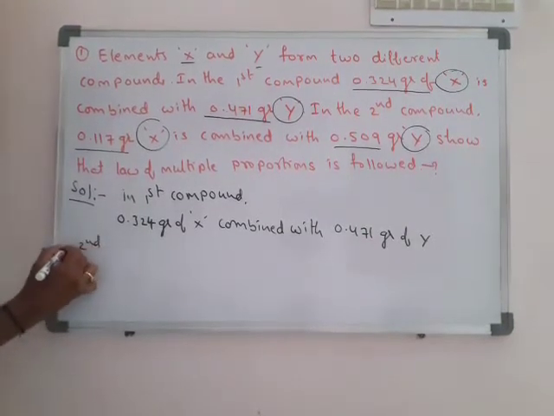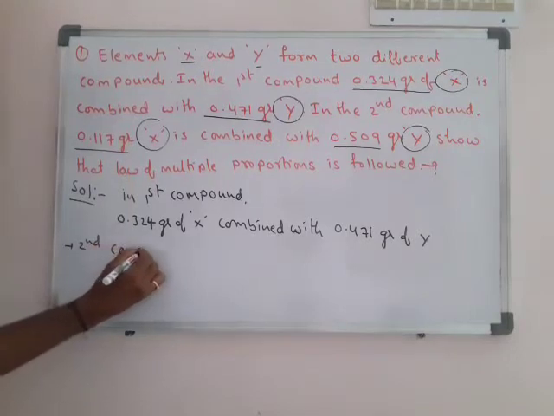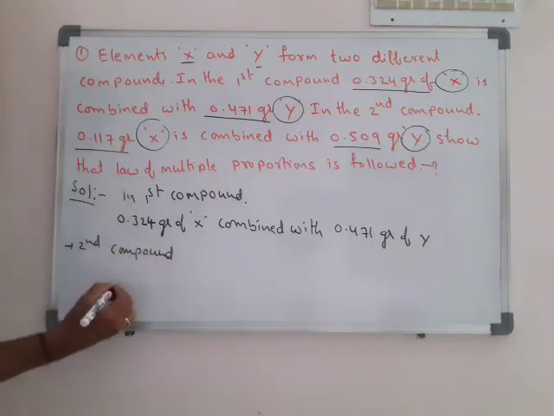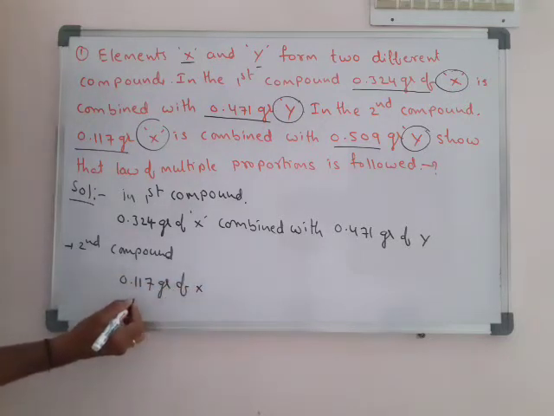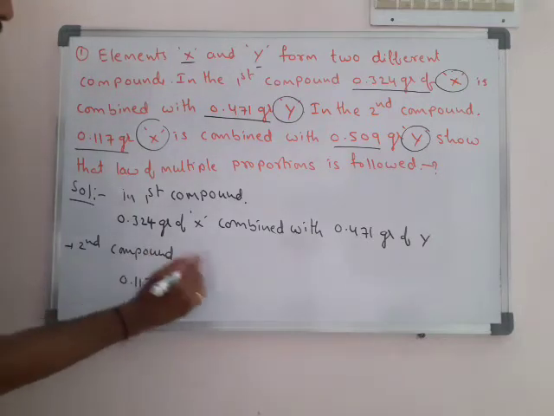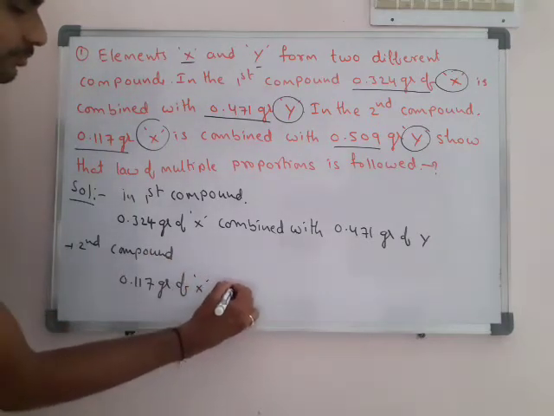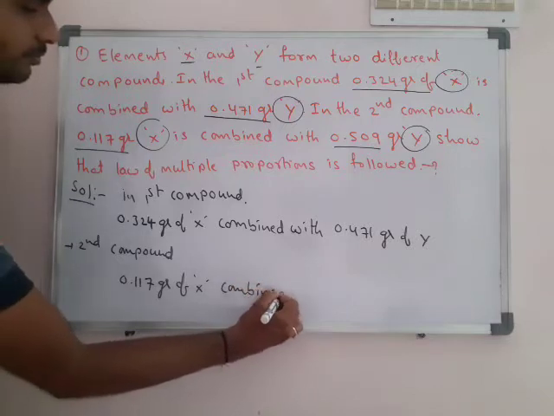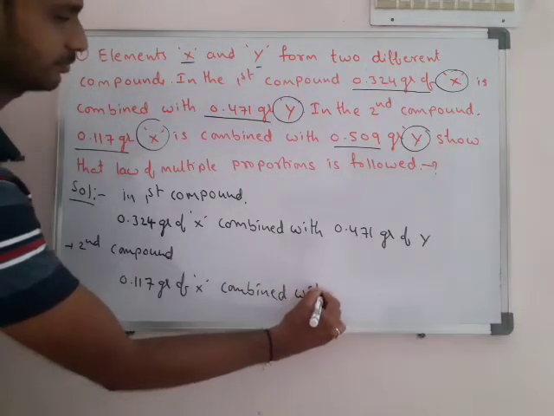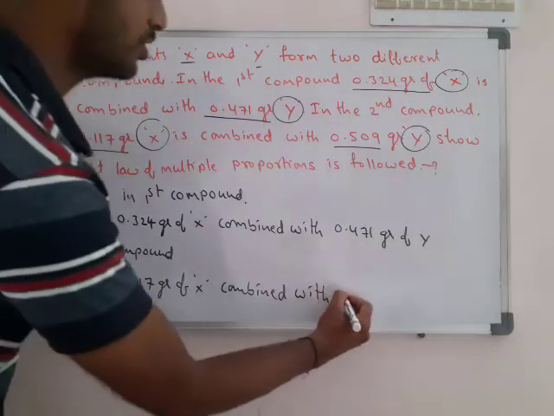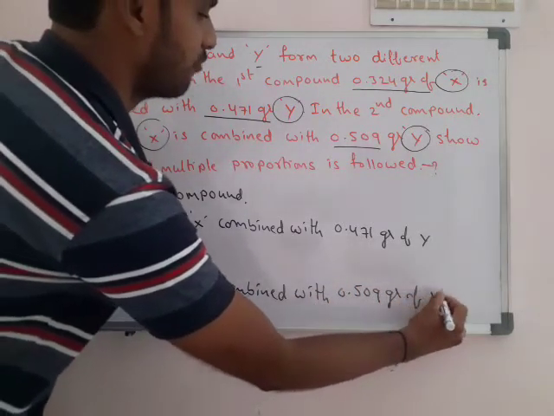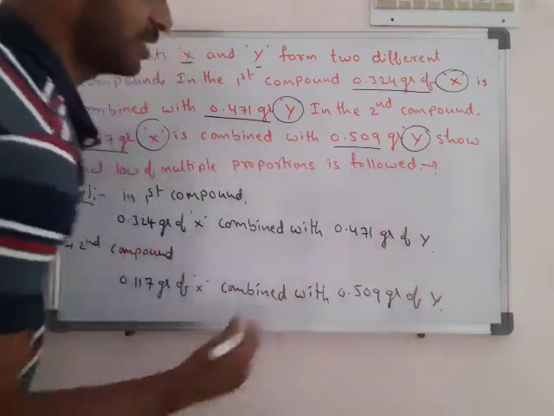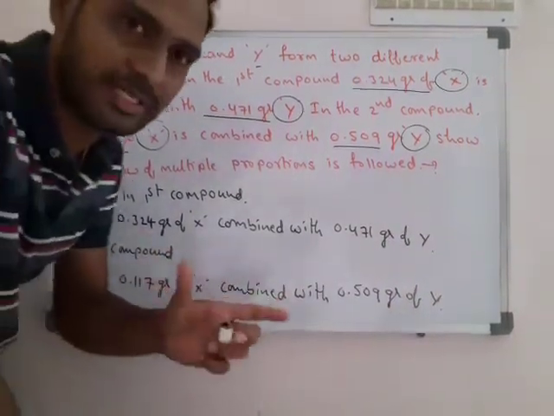In the second compound, 0.117 grams of X is combined with 0.509 grams of Y. So here the important elements are X and Y.